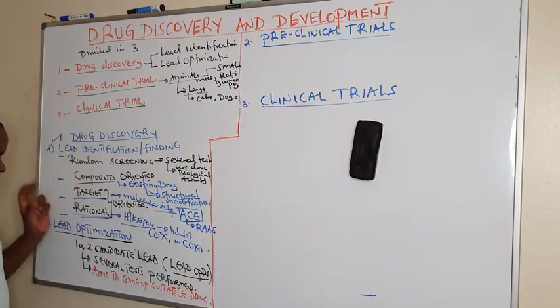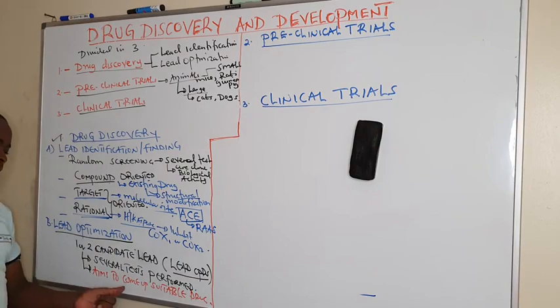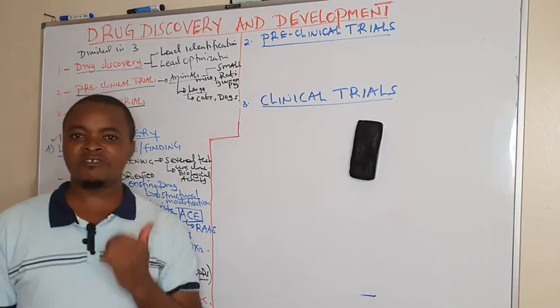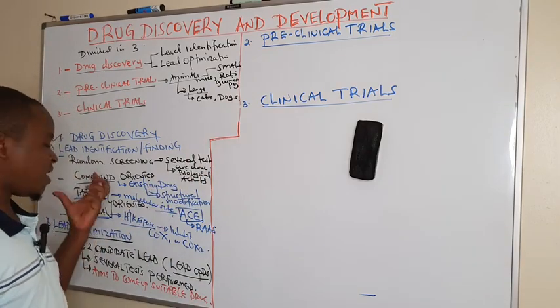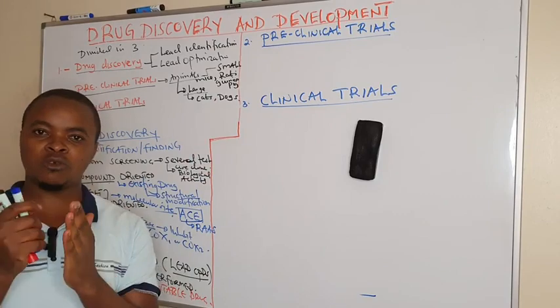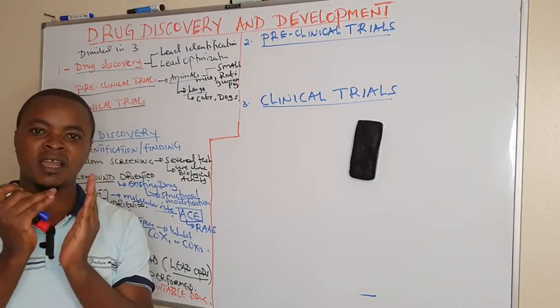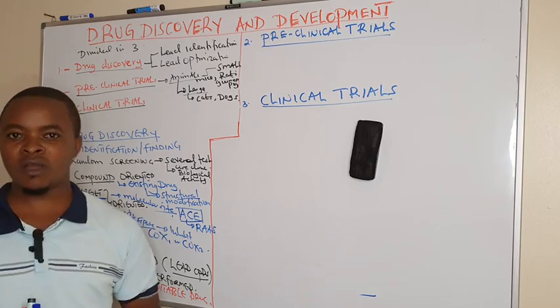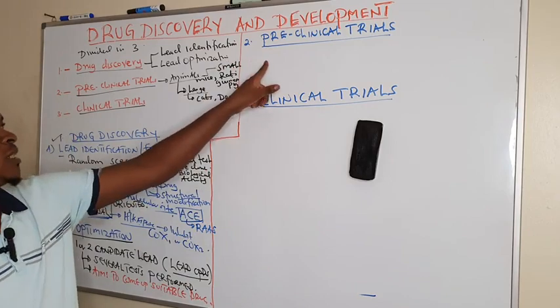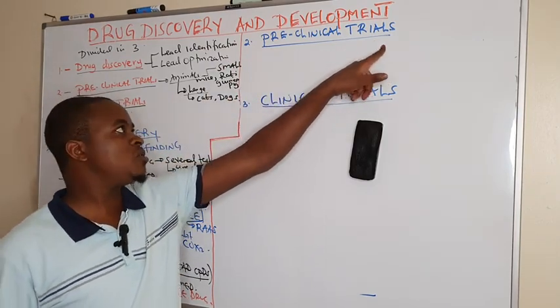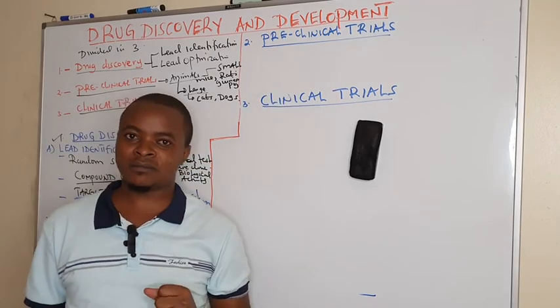After optimizing this lead and coming up with the suitable candidate drug, we are now sure this certain drug candidate is the one that is going to solve our problem. So they go to another phase which we know as the preclinical trials.